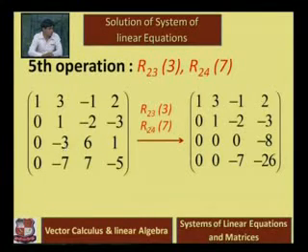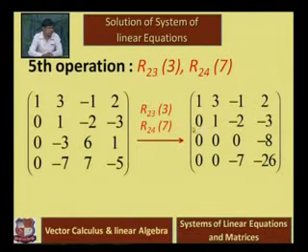So that's why we take the operation R2 3 3, that means multiply the second row by 3 and add to the third row, and the second operation, multiply the second row with 7 and add to the fourth row.